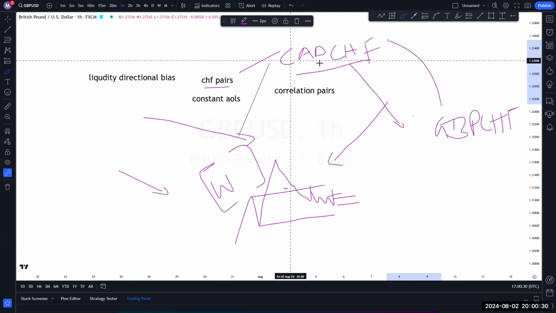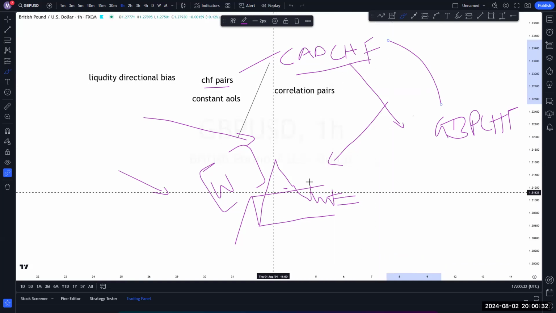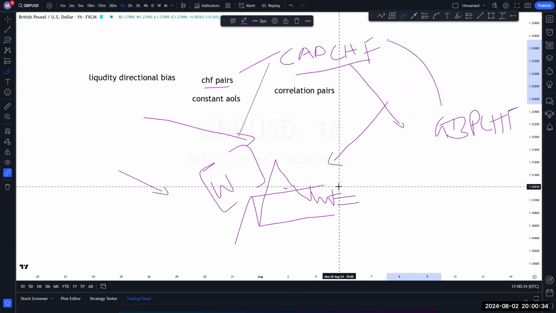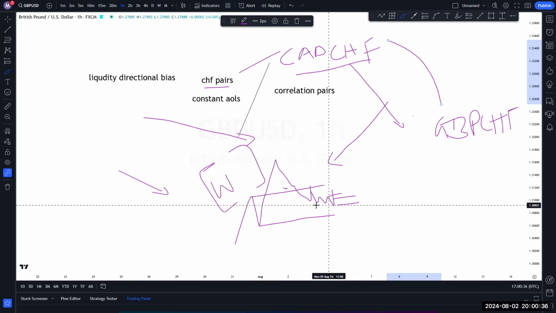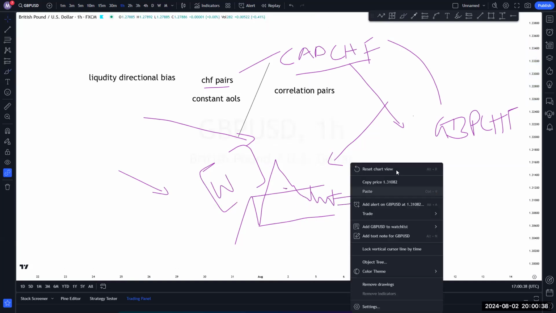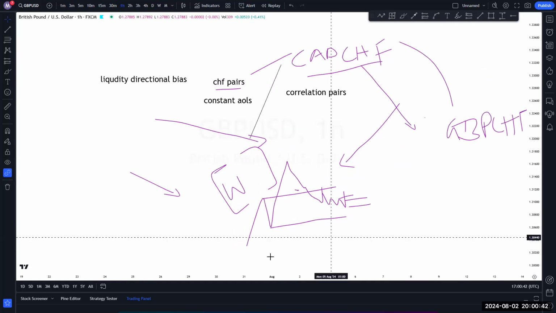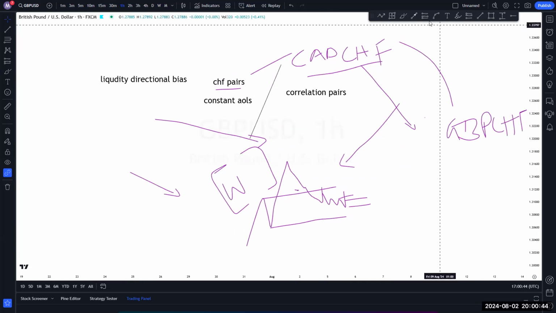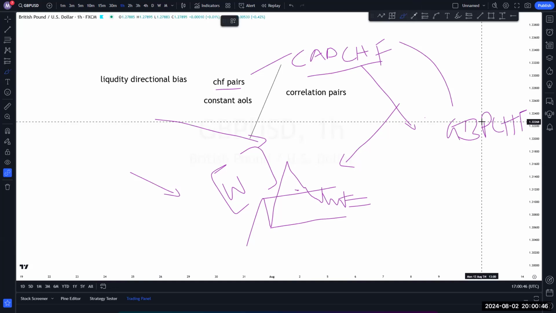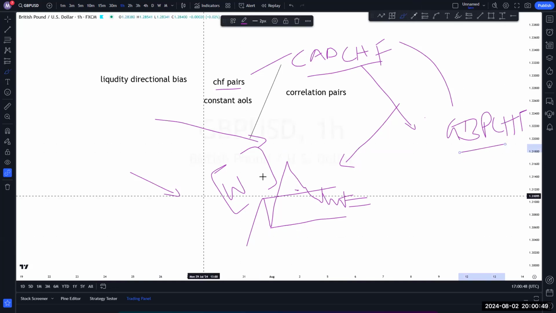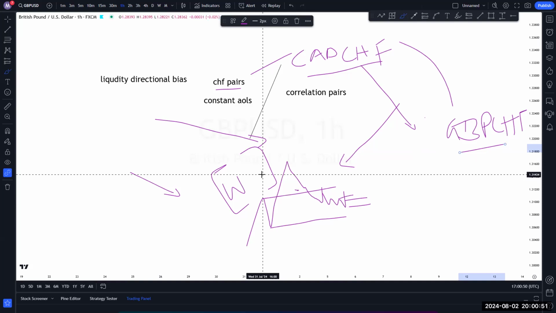Let's assume CAD CHF is having an area of liquidity like this, meaning that if we wait for price to come inside this weekly area of liquidity of CAD CHF, GBP CHF will also do the same thing, because they are going to be moving in the same way. So you can't be buying GBP CHF while selling CAD CHF. Okay?